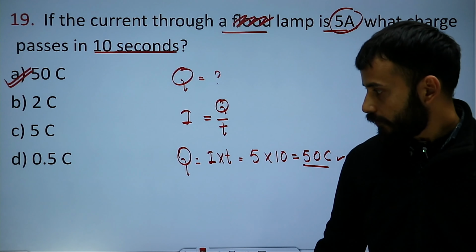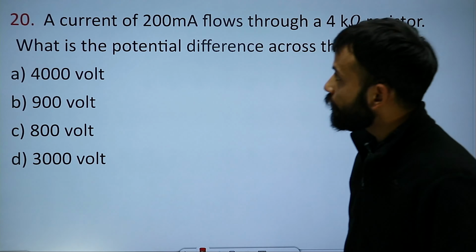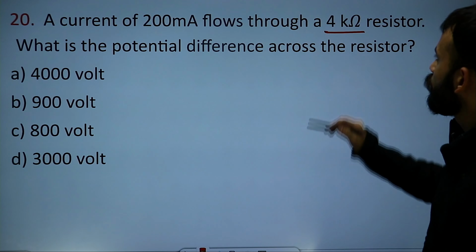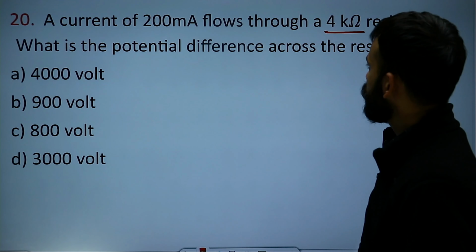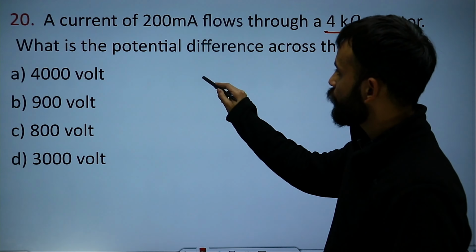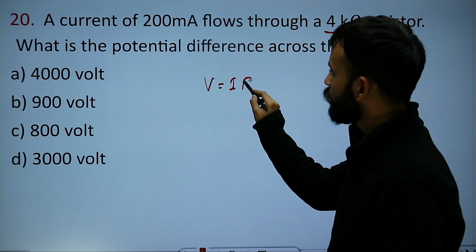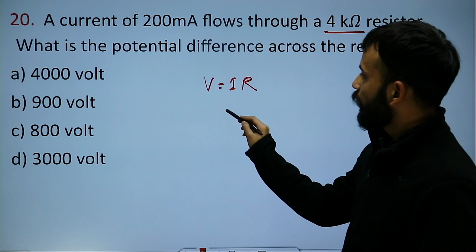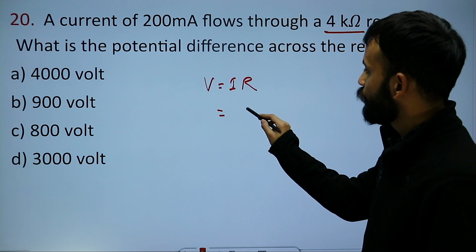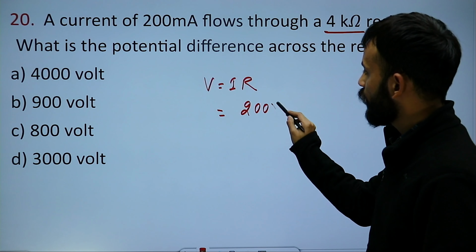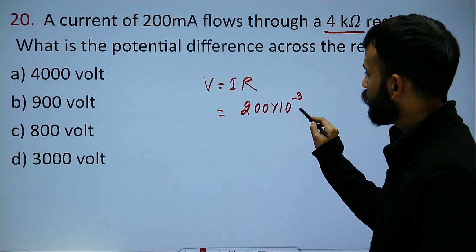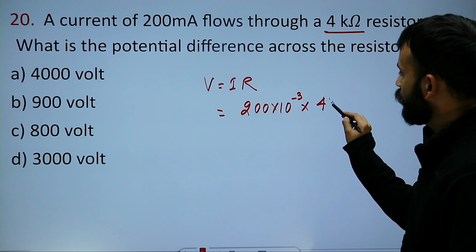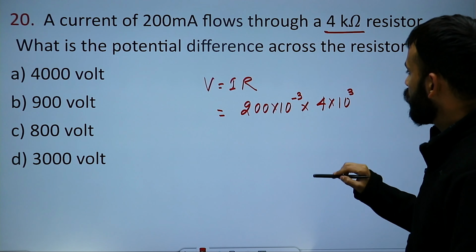Clear? Next question is, a current of 200 milliampere flows through a 4 kilo ohm resistance. What is the potential difference across the resistance? According to Ohm's law, V is equal to IR. We have to find out the potential, and the current is 200 milliampere. So milli can be written as 200 into 10 to the power minus 3, into R, which is 4 kilo. 4 kilo can be written as 4 into 10 to the power 3.